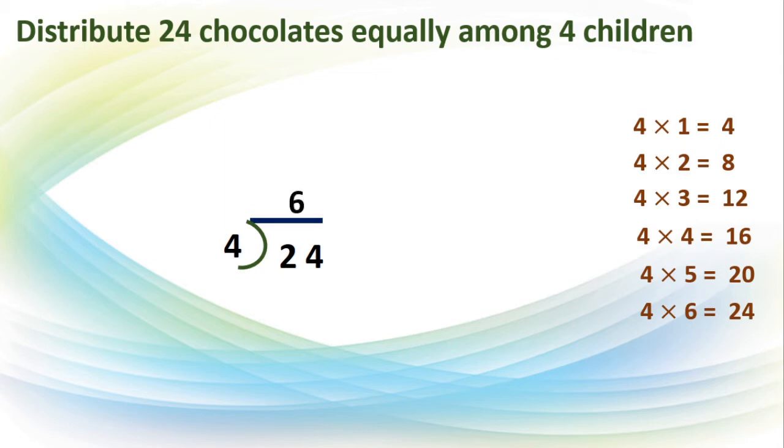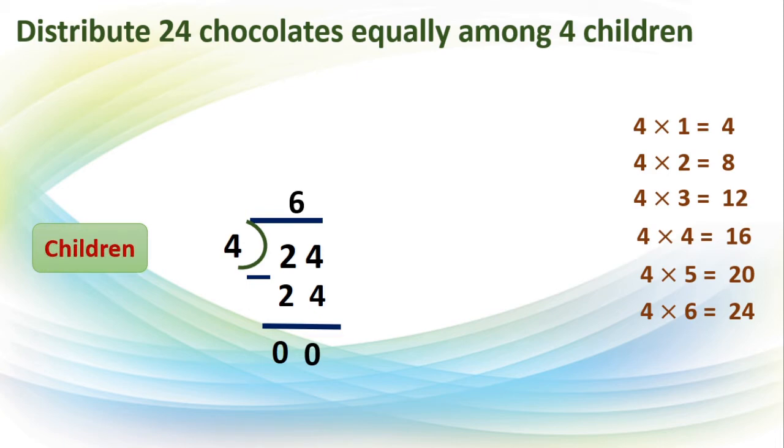So we will write 6 in the quotient and we will write 24 below 24. So we are going to minus. Yes, what remained? 0. Right? Yes, here we have some names for all these. First, how many children are there? 4. Correct? That we will write here because we want to distribute 24 chocolates among 4 children.